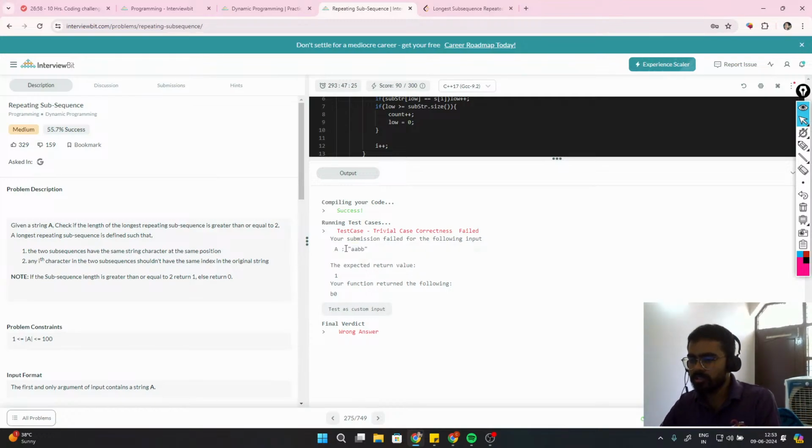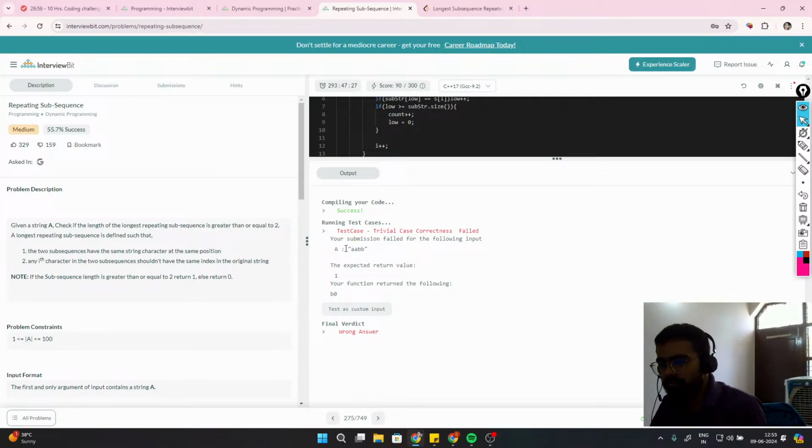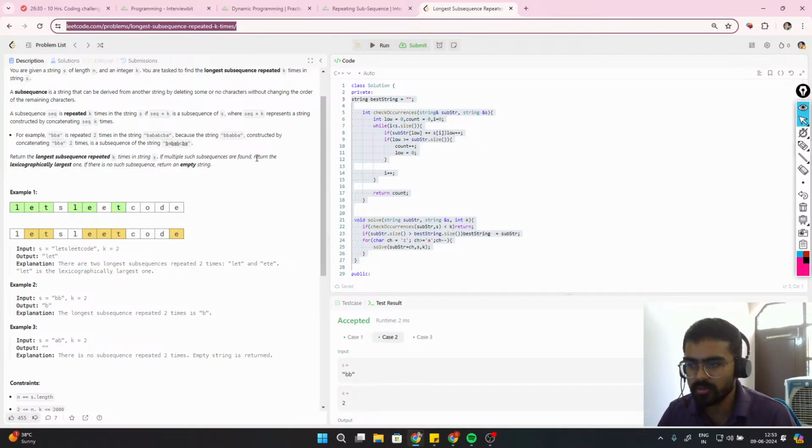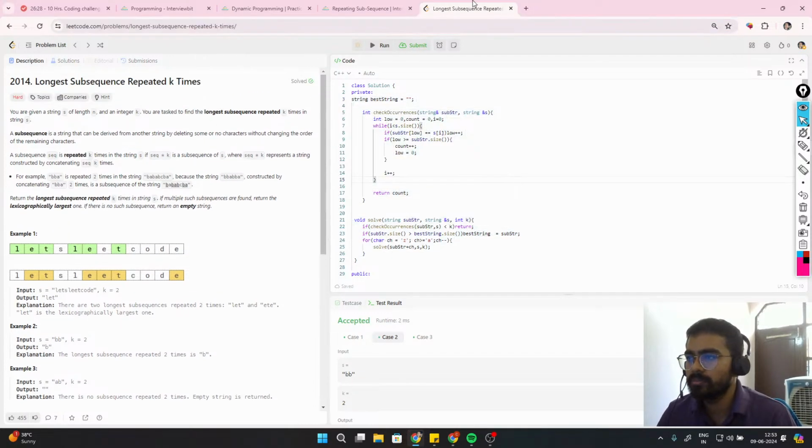Now this is the test case. We have an expected return value of 1. Which subsequence are we taking which has a length of more than 2, and that is repeating? I don't know. I think this is not a proper question; this was a better approach question.